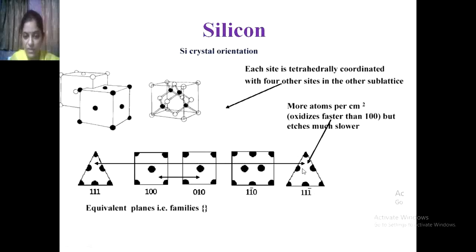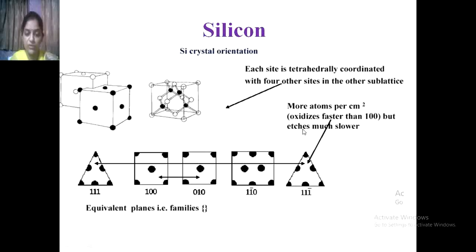But the first and last are oxidized faster than 1 0 0, but etch much slower. So according to the orientation of the silicon structure, whether it is suitable for the oxidized layer or for the etching layer, we have to consider using the crystal orientation property. So the crystalline orientation is very important.